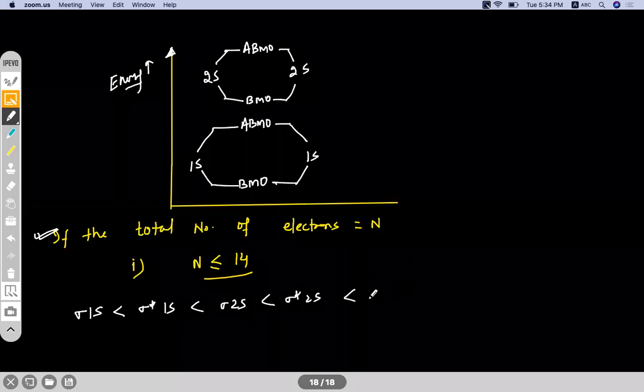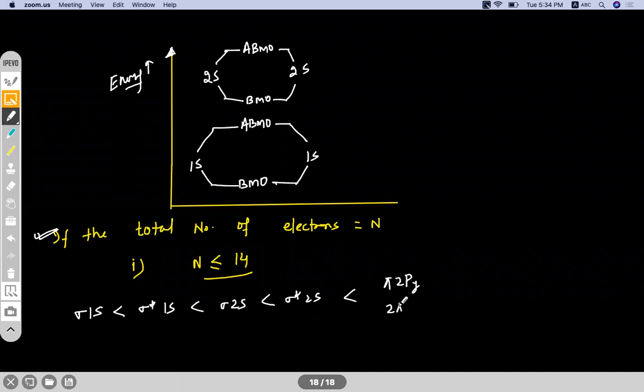After this we have pi 2py, pi 2px, then sigma 2pz, and then we have pi star 2py, pi star 2px, sigma star 2pz.